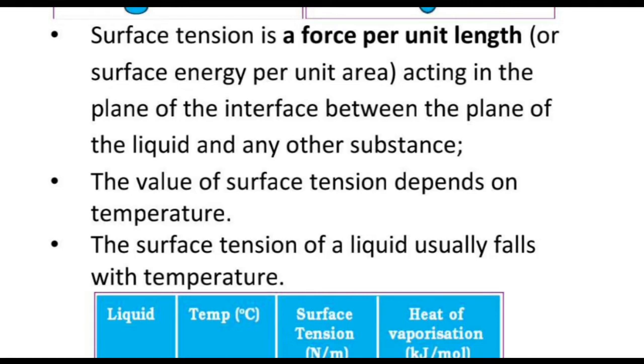When we keep a liquid in an open vessel, the interface is between the liquid and air, so at the interface between liquid and air, we define this surface tension. That is the liquid surface. So it is the force per unit length of the liquid surface, and it can also be defined as surface energy per unit area.